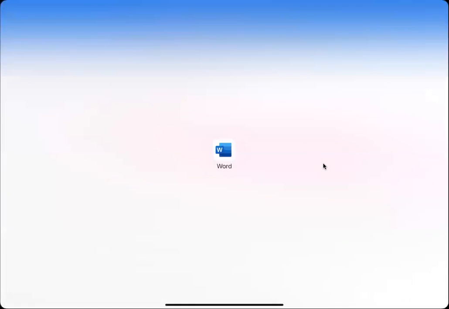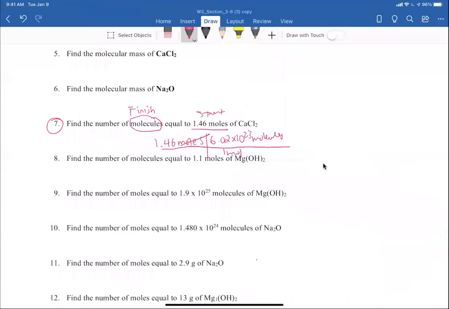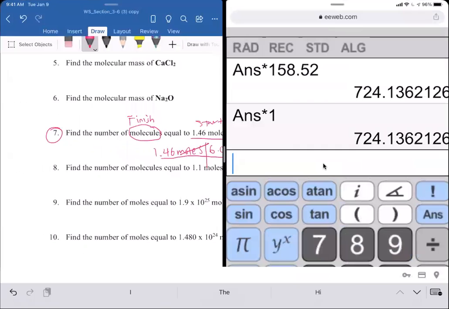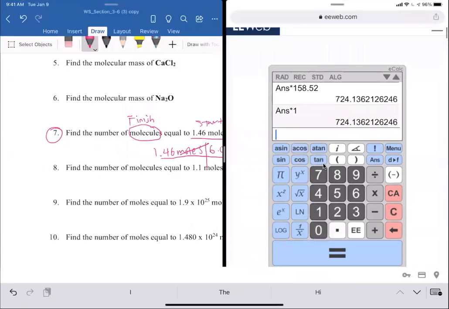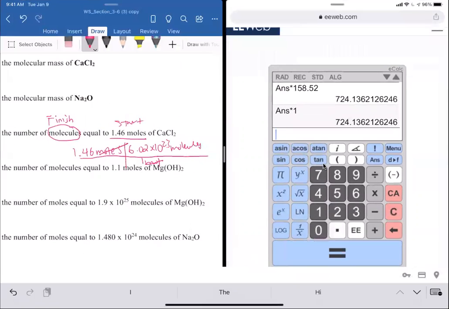Now, when I do that, I know moles and moles cross out. So then I'm using my calculator. I am doing 1.46 times 6.02 e to the 23 divided by 1.